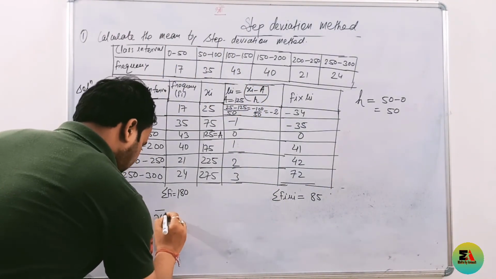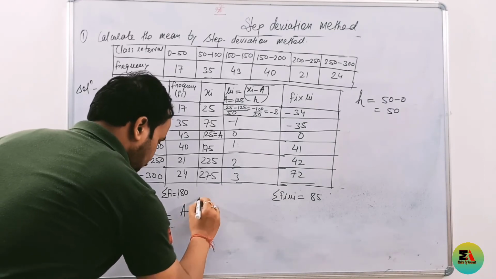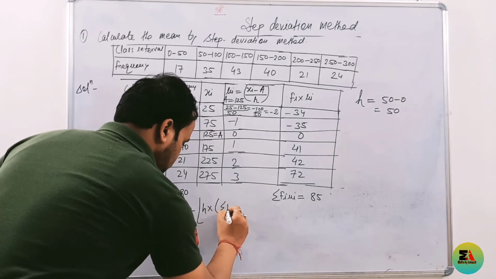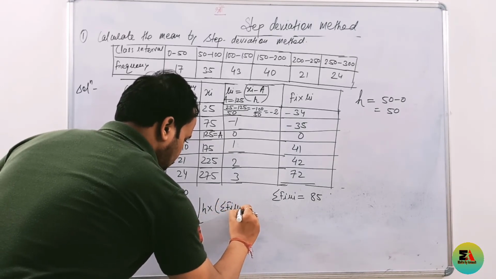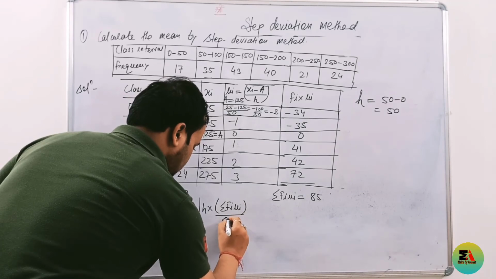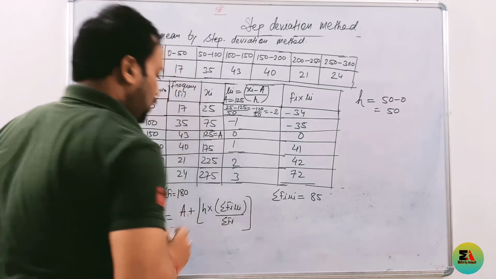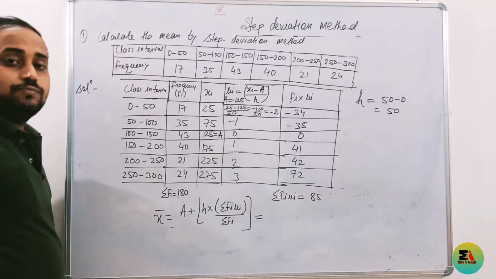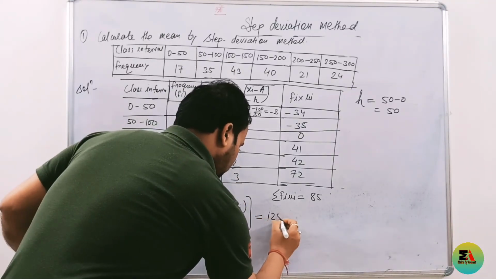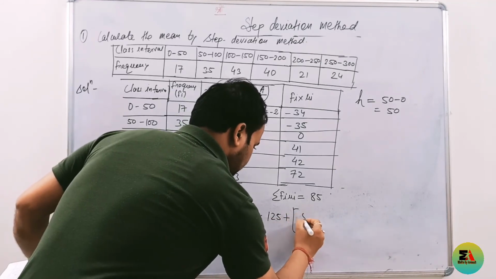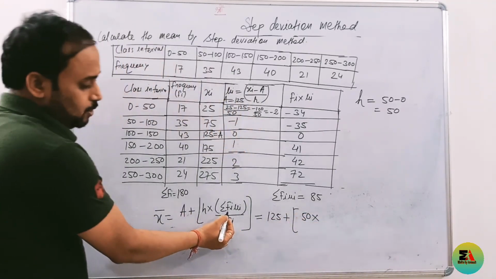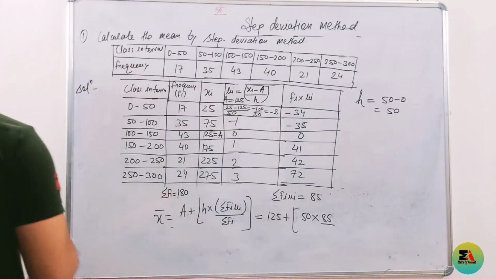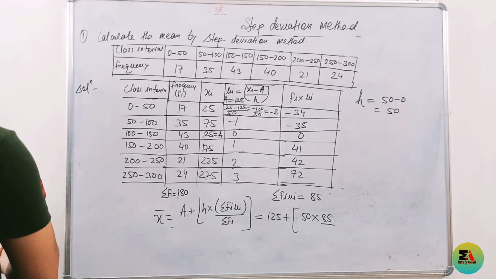Clear? Now find the mean. We know the formula: x bar is equal to A plus h into summation of fi ui by summation of fi. Now substitute all the values. In this case our A is 125, plus h is 50, into summation of fi ui, already calculated, 85, by summation of fi, 180.